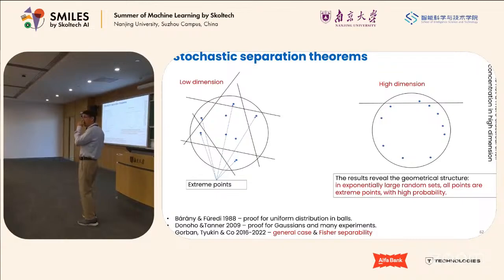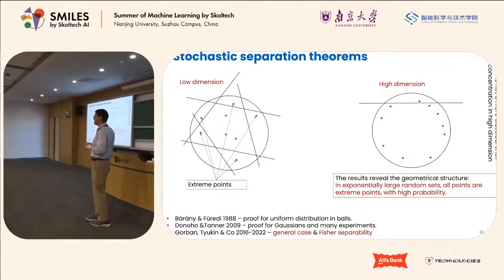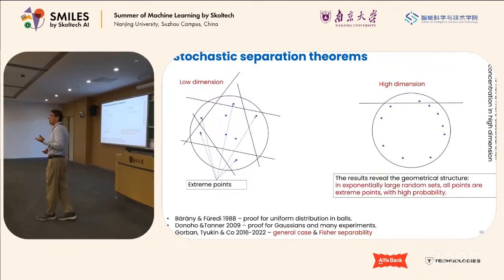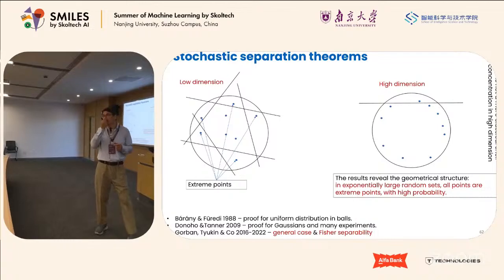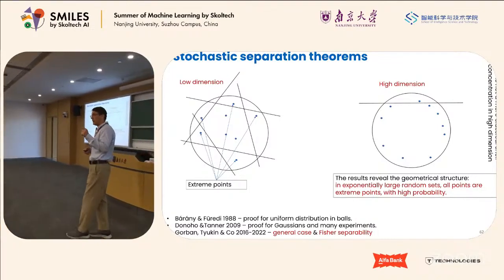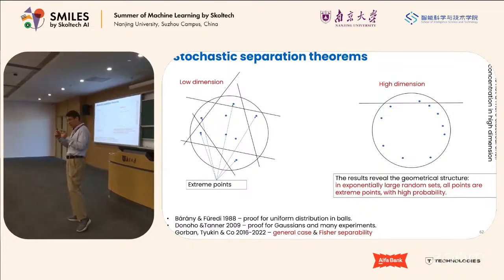But if you increase the dimension, one of the consequences is that all the points are going to be extreme points. But you can say, isn't that not surprising, because we have shell concentration? Indeed, shell concentration takes place in high dimension, but the problem is that shell concentration doesn't tell you anything about the structure of those points within this epsilon shell.